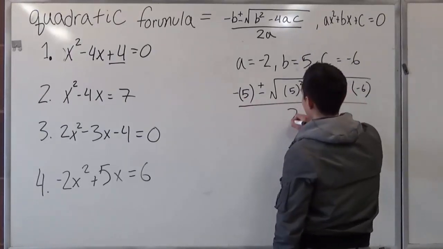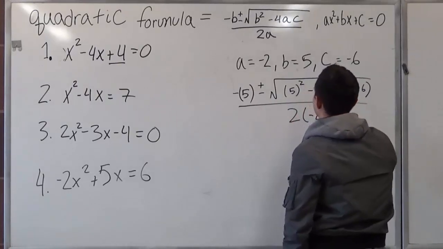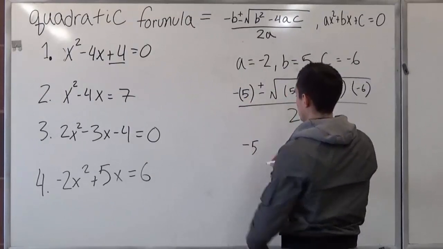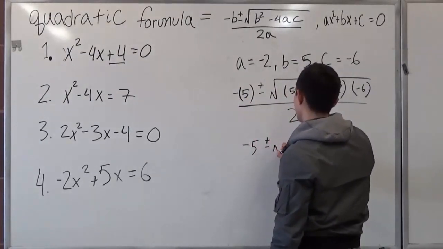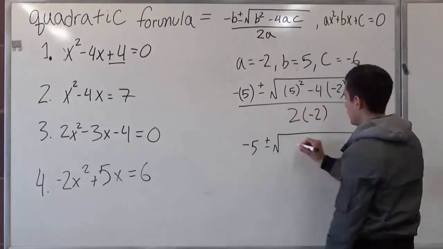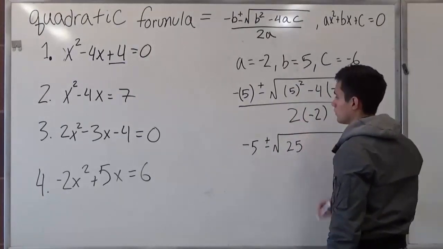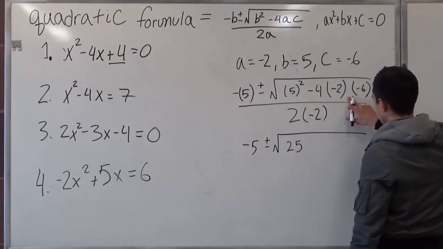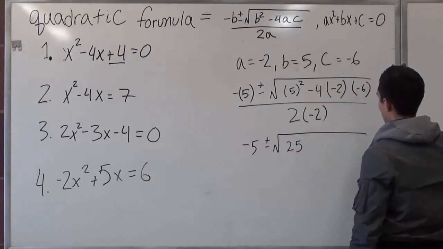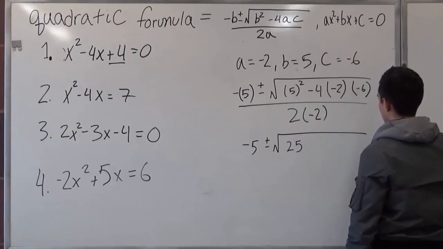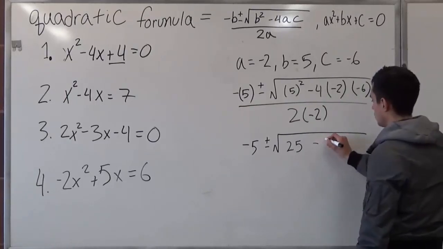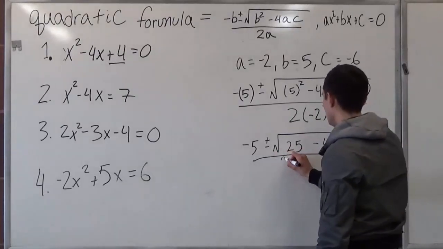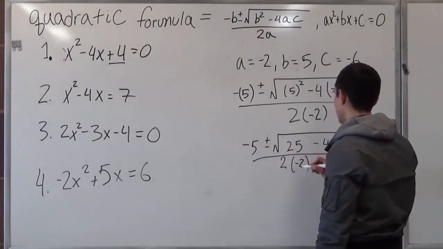All over 2 times negative 2. Negative 5, negative times a positive becomes a negative, plus or minus 5 squared, that was just 25. Negative 4 times negative 2, that's positive 8. Positive 8 times negative 6, that's negative 48. All over 2 times negative 2.